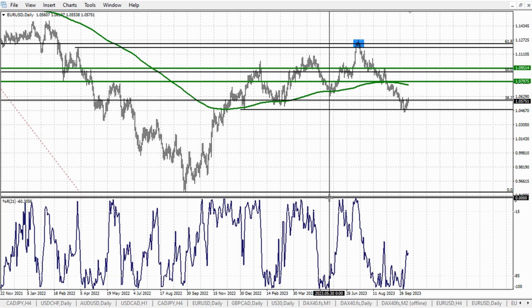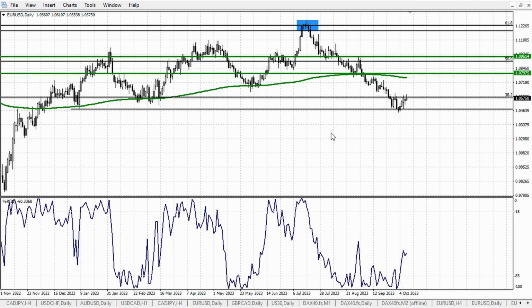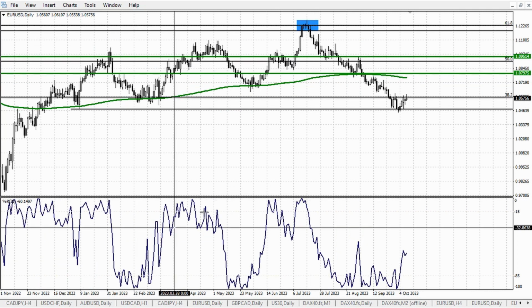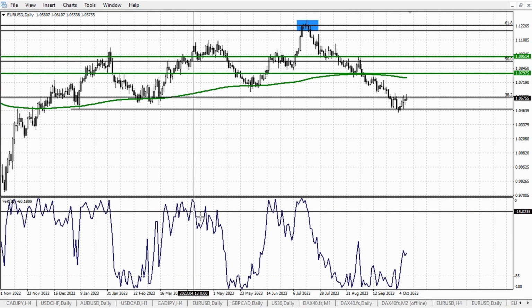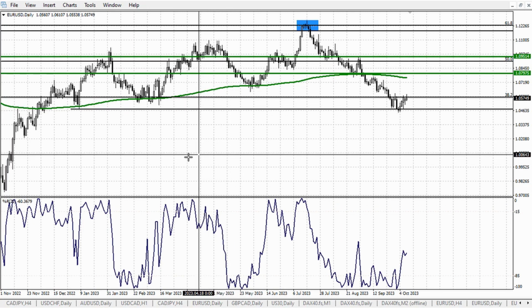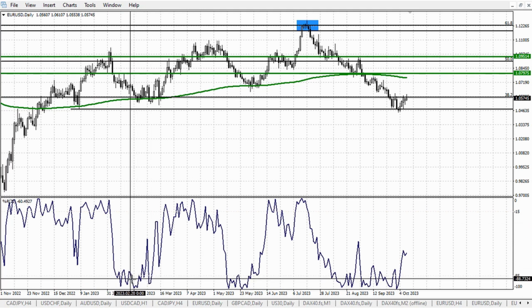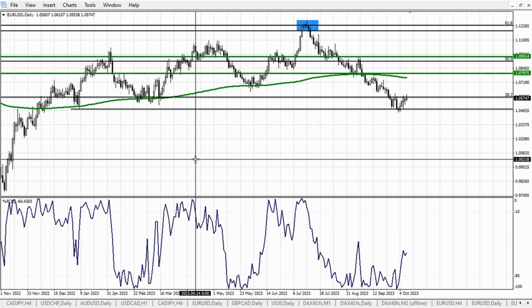What do I wish to do in this case? I wish to do business in an area where the oscillator is telling me that the buyers, in case I wish to sell, are getting exhausted. Do not try to sell when the oscillator is at maximum lows. Why? Consider the example with the rubber band.